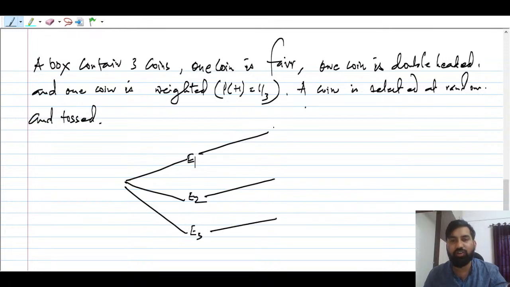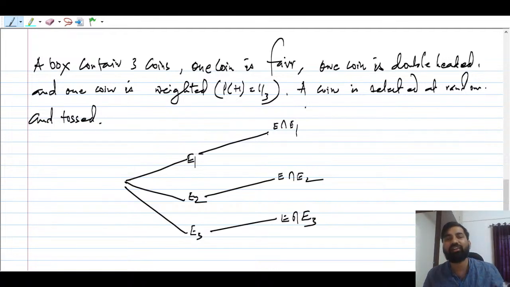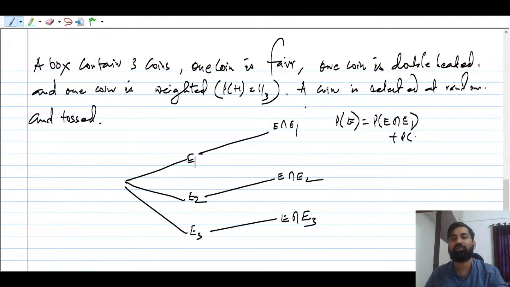Then you can say the next event has to occur, but that should be E intersection E1, E intersection E2, E intersection E3, and that E is nothing but the probability of getting head. So you want to get the probability of E. Probability of E is nothing but the probability of E intersection E1 plus the probability of, you have to add all.